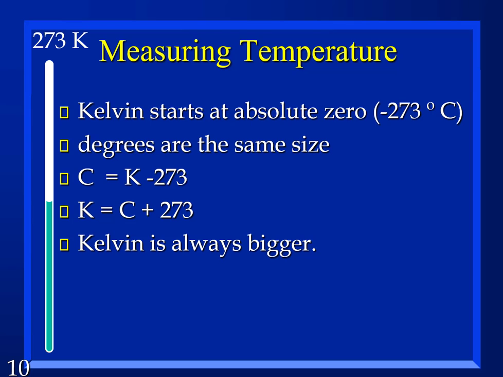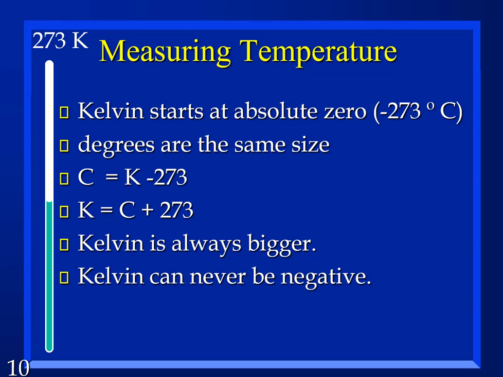Or another way to remember it is Kelvin can't be negative, and since it can't be negative, there's only one way you can assure that it's always going to be positive, and that's to add to get to it.